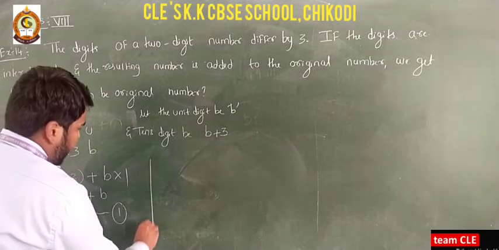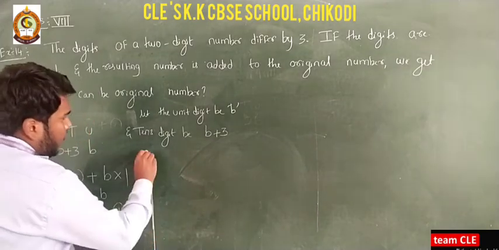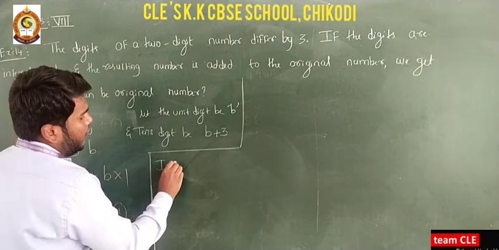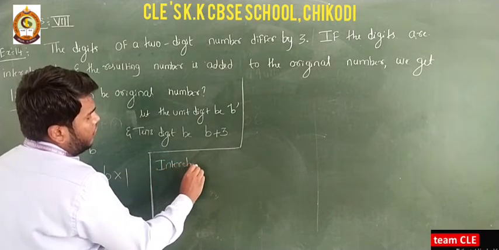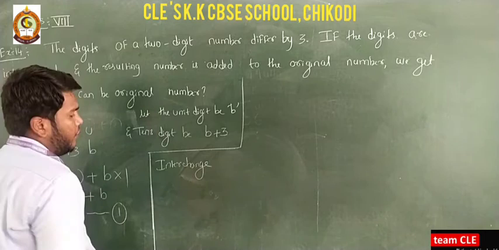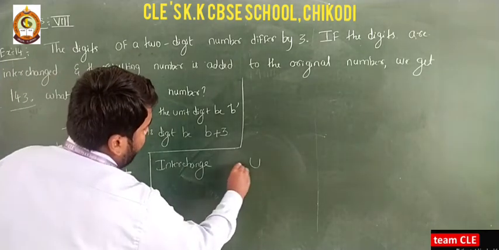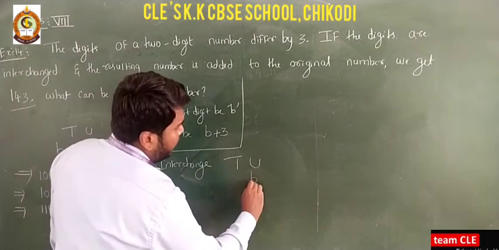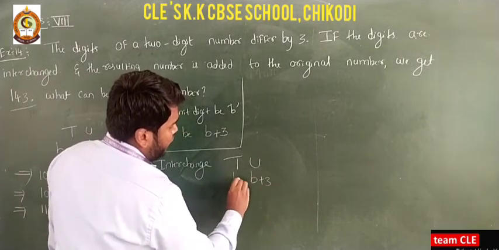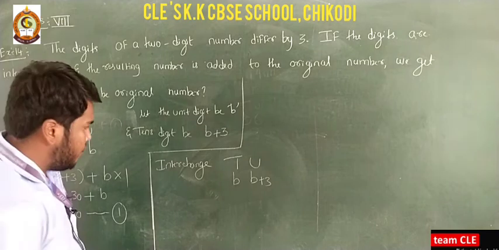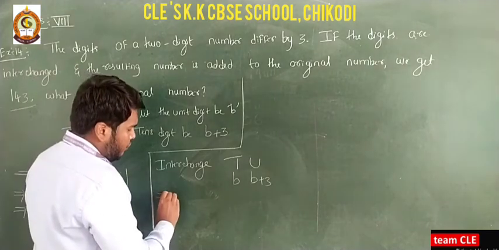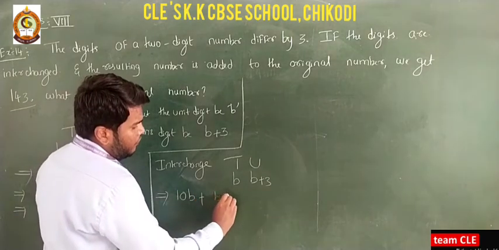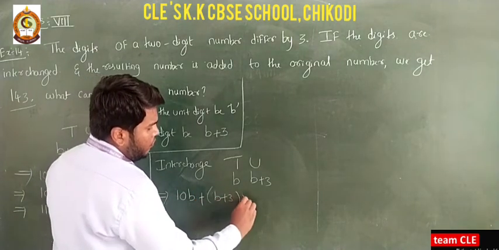Now if you interchange the two digits, the unit digit becomes b plus 3 and the tens digit becomes b. So it is 10 into b plus (b plus 3) into 1.